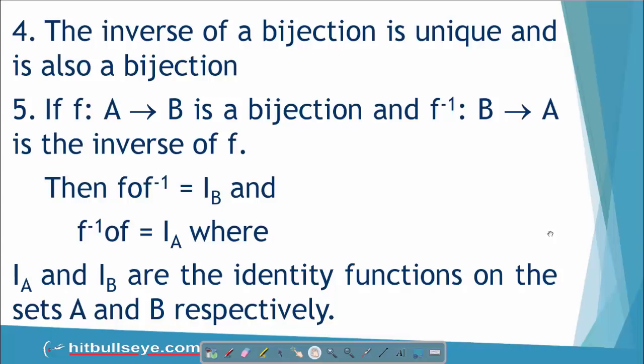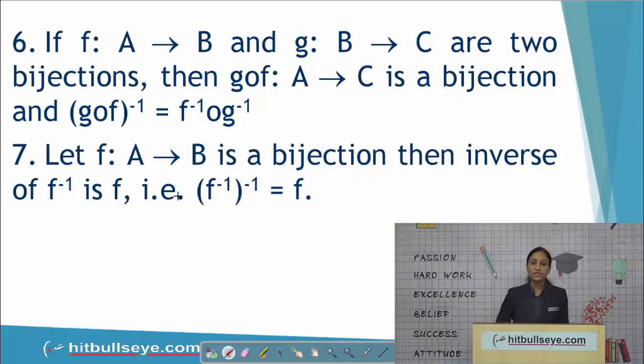In that case, if I take the composition of f with its inverse, then it will come down to be an identity function. If f is a function from A to B and g is a function from B to C and they both are bijective functions, then their composition g of f from A to C is also a bijective function, and the inverse of their composition will have the reversal law.